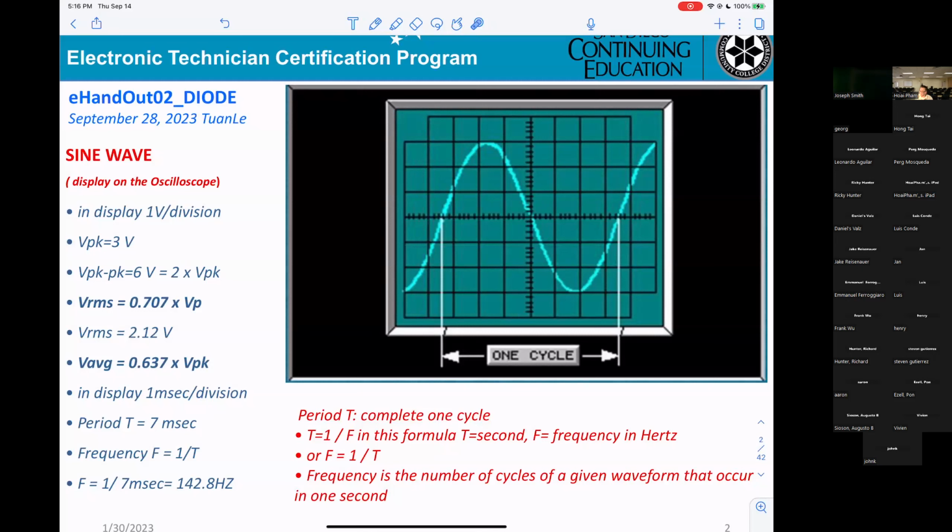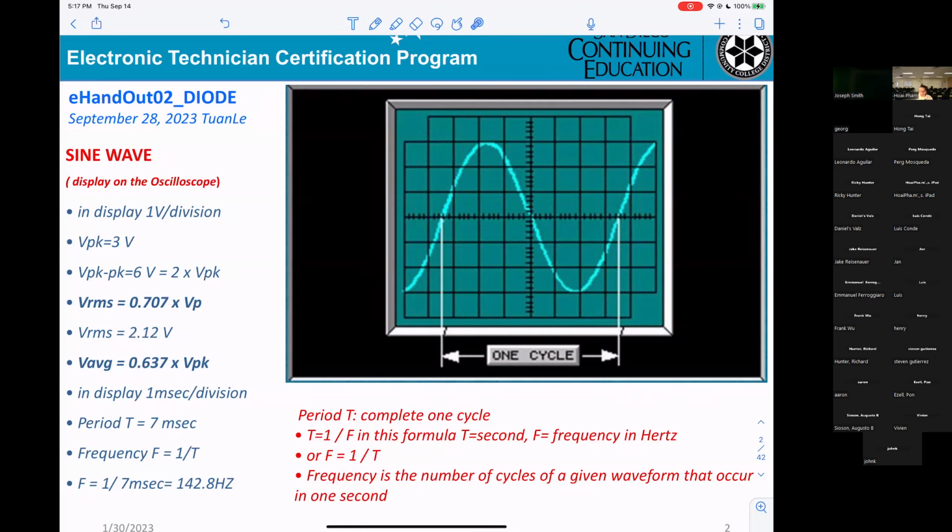So 1 millisecond per division. So if you're going from here to here, one cycle: 1, 2, 3, 4, 5, 6, half, and the half will be 7. Okay, this is one complete cycle. Period. So that's why period equals 7 milliseconds.